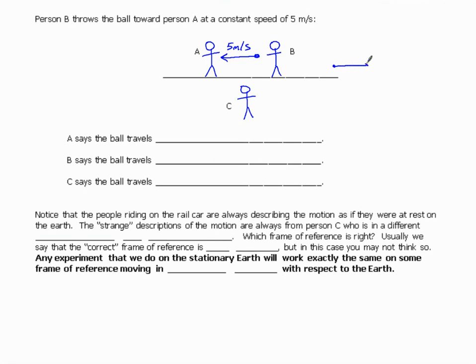The train is still moving east at 5 meters per second. Person A is observing the ball coming towards them. Person A says the ball travels west at 5 meters per second.